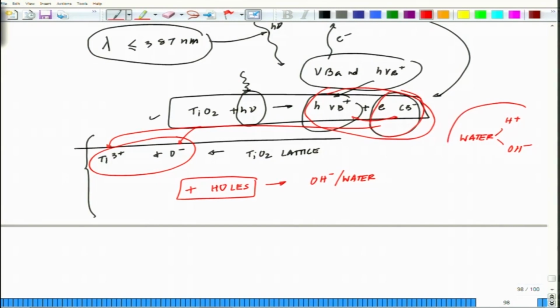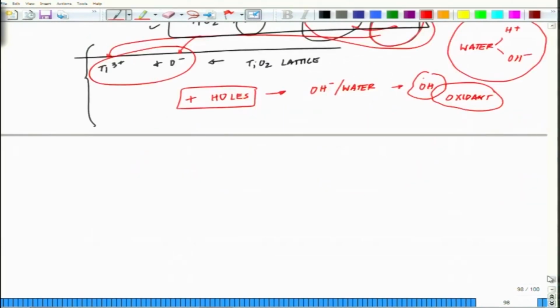Now this OH- is transformed to produce OH radical, which is hydroxyl radical. We talked about it just a few minutes back, which is an extremely powerful oxidant, because we are generating ROS, reactive oxygen species.